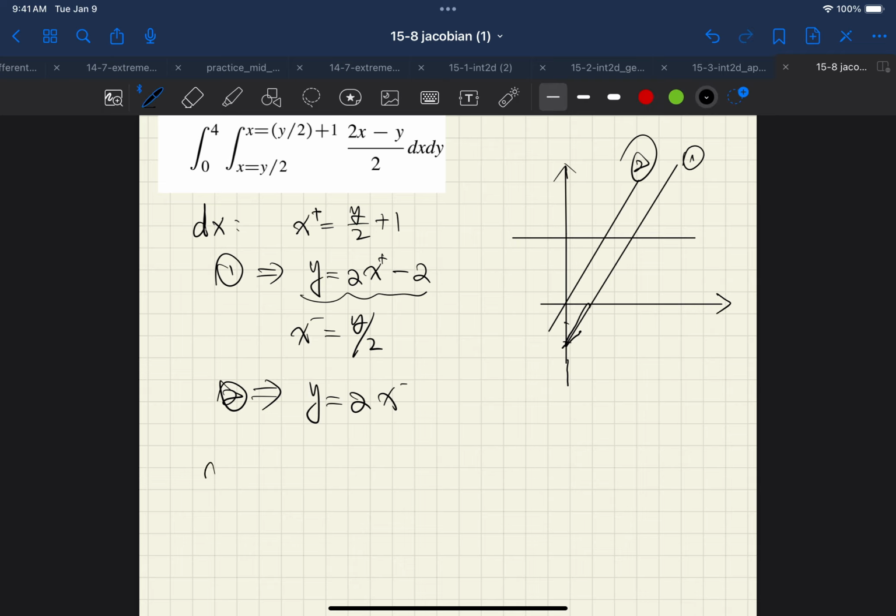It is from 0 to 4. In other words, the upper y limit is 4 and the lower y limit is 0. So there are 4 curves you're talking about.